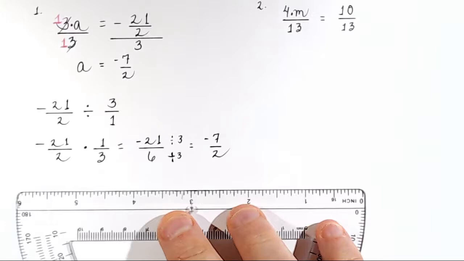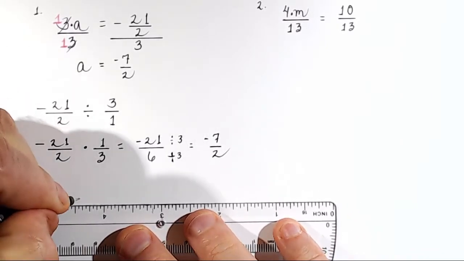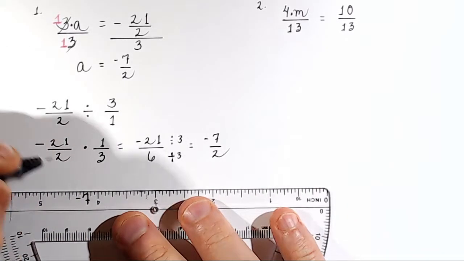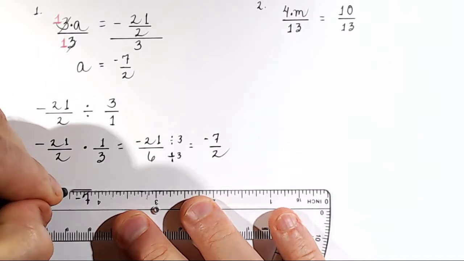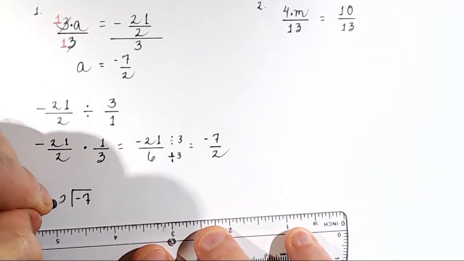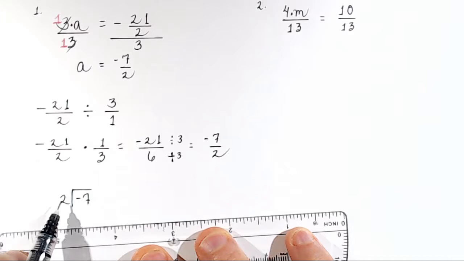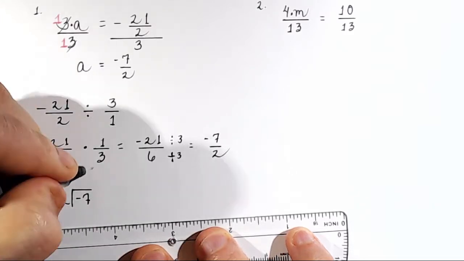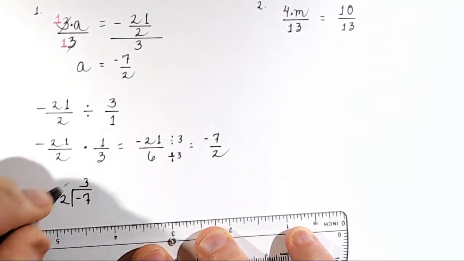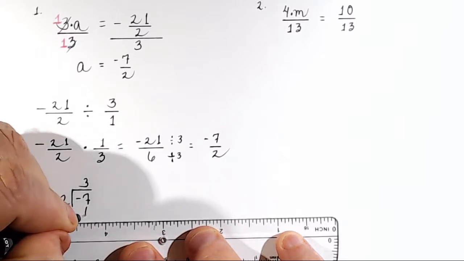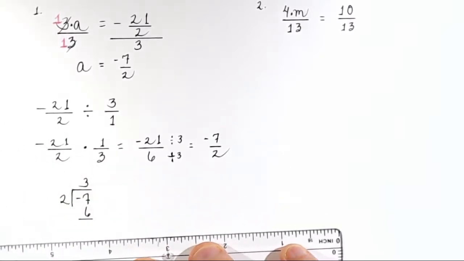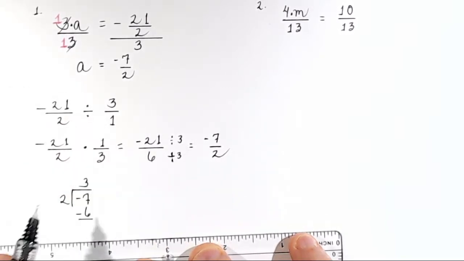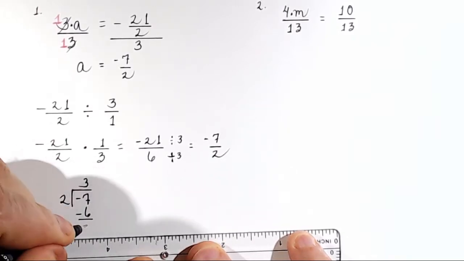More side work. You have negative 7 divided by 2. Okay? 2 goes into 7 3 times. 3 times 2 is 6. Don't worry about this negative symbol for now. 7 minus 6 is 1.